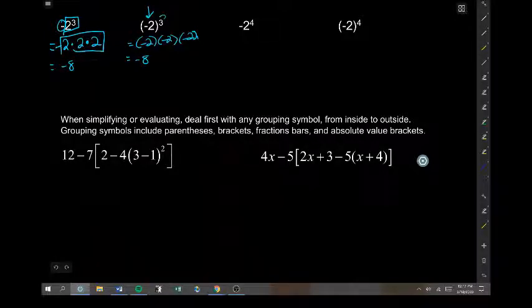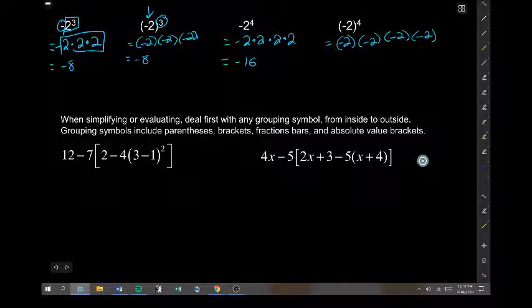Now, if the power is odd, that's not going to change anything. But if the power is even, it absolutely will. -2 to the fourth is -16 because you're multiplying the four 2's together and then making it negative. But (-2) all to the fourth, where the negative is in there with the parentheses, is going to come out to a positive 16.